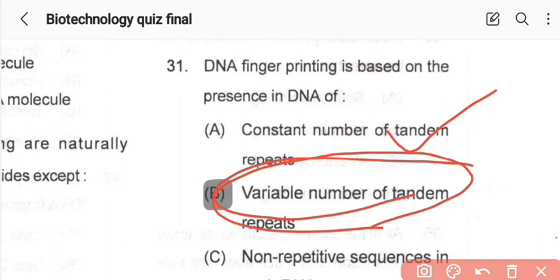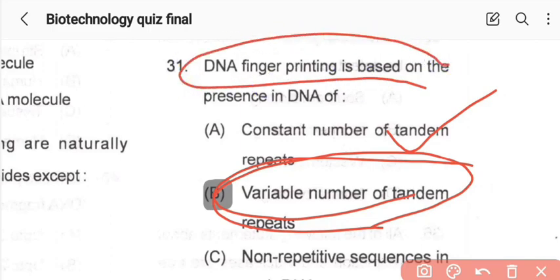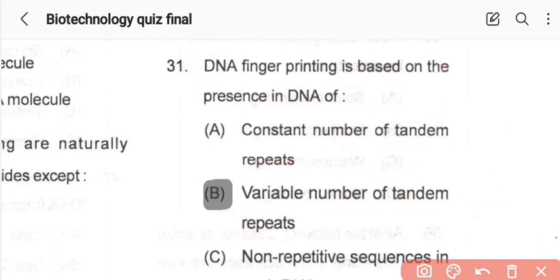So these VNTRs are not equal to any other person's. So DNA fingerprinting is done to identify criminals or for other activities, but these VNTRs are very specific for a specific person.